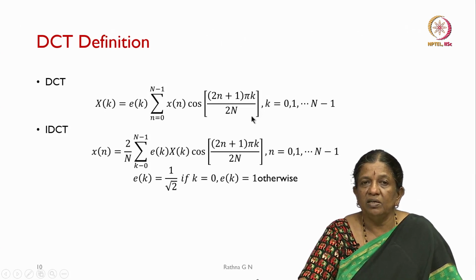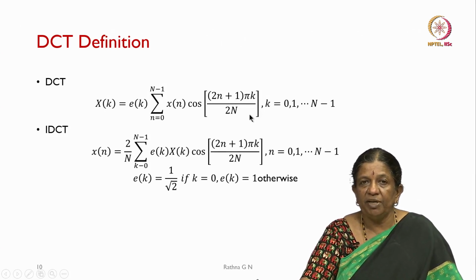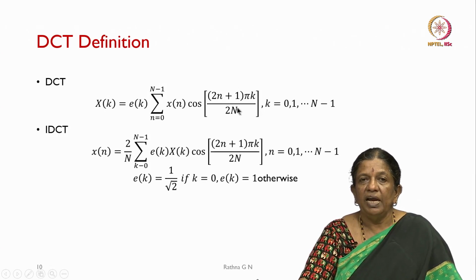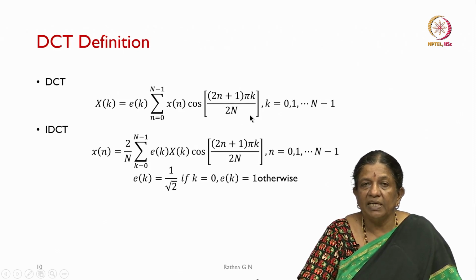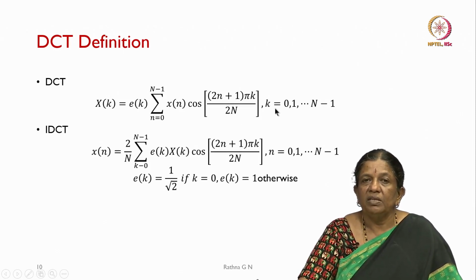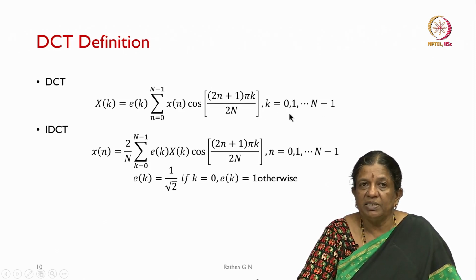N we can choose as 8, or it will be the size of the image we are considering. If we are using it in the direct DCT form, k will go from 0 to N minus 1, that is our image size, N by N, which we have considered here.